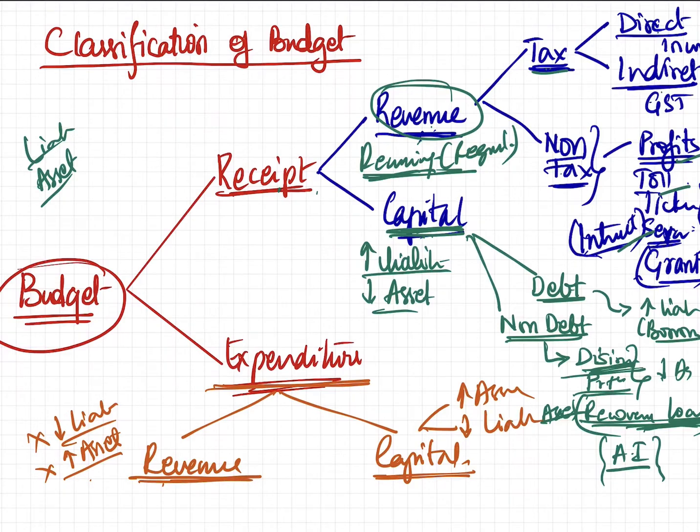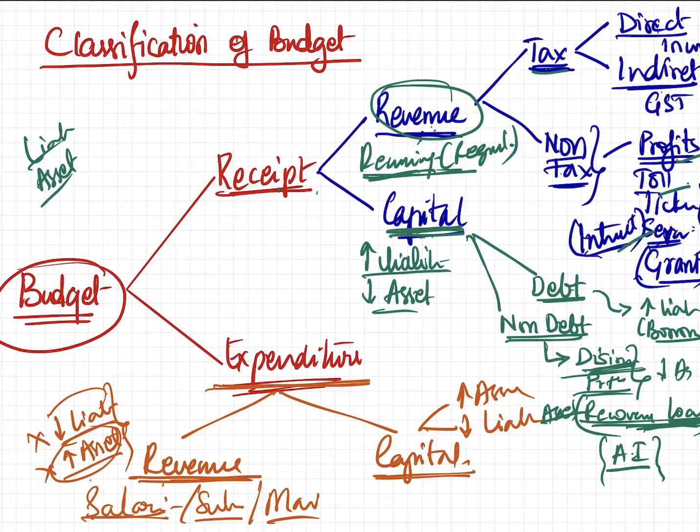So revenue expenditure is something wasteful, which does not create any asset nor reduce your liability. For example, salaries or subsidies that the government gives, or maintenance. When the government gives salary, is it creating an asset? No. Is it reducing the government's liability like an outstanding loan? No. Similarly, if the government gives a subsidy, does it reduce liability?